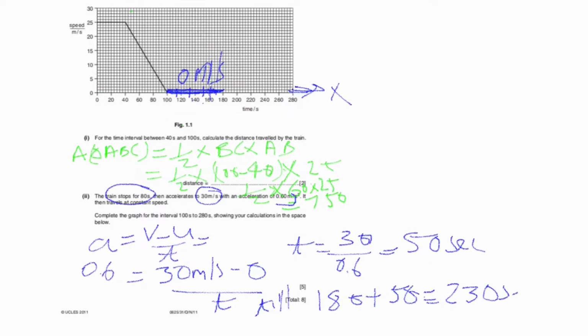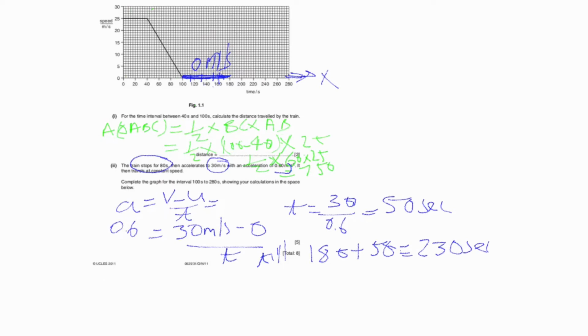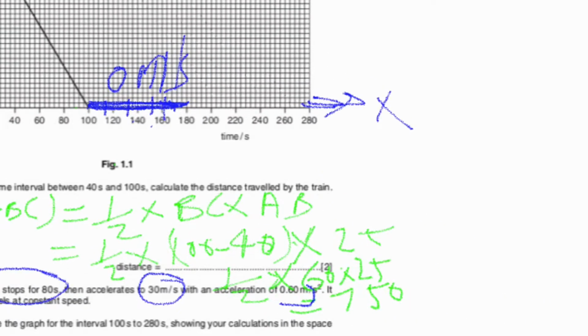So till 230 seconds it will accelerate up to 30 meters per second. In the graph, 180 here, 190 here, 210 here, 220 here, 230 here. So till here it will accelerate.